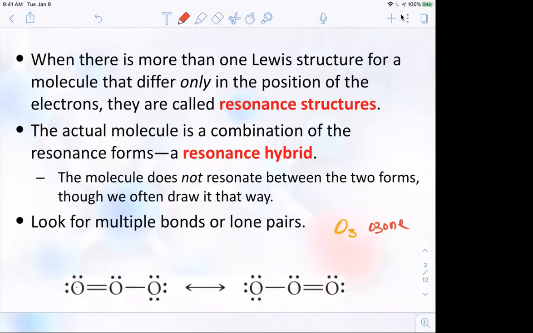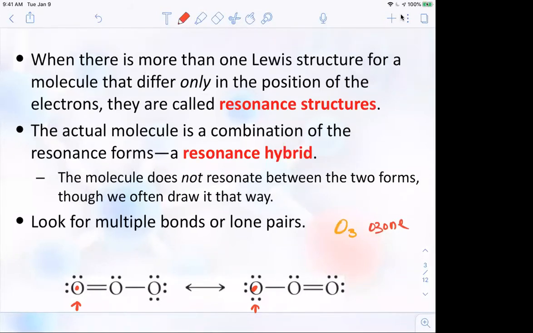If I could distinguish between this oxygen and the oxygen here, what I'm going to notice is that in one structure, here I have two lone pairs and it's attached to a double bond, and that's how I get the octet. Here I have three lone pairs and it's attached to a single bond. That's how I get the octet.